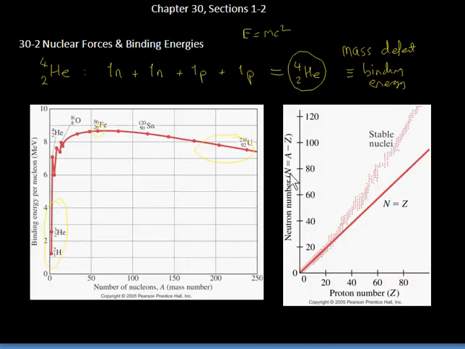So when we look at this, coming back to this curve here, the elements along this part of the curve will spit out an alpha particle, which is a helium isotope, and make themselves smaller in the process, and the overall binding energy per nucleon will decrease.